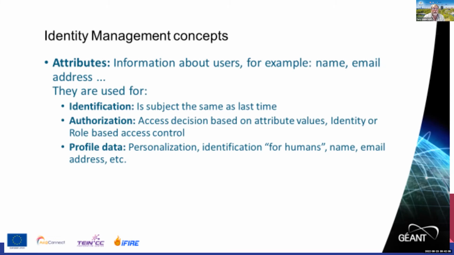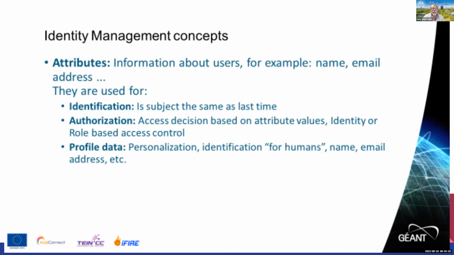So identity attributes are used for identification. When I logged into a service yesterday, I provided some attributes about myself, maybe my email address. Today I log into that same service. It knows me because my email address is the same as I logged into that service yesterday.